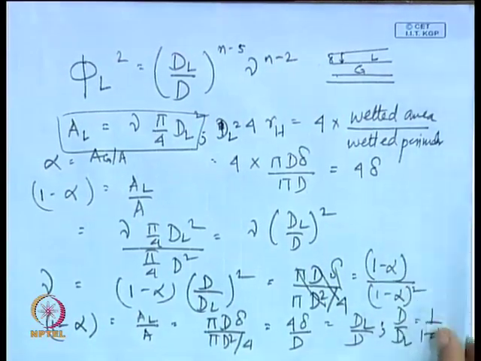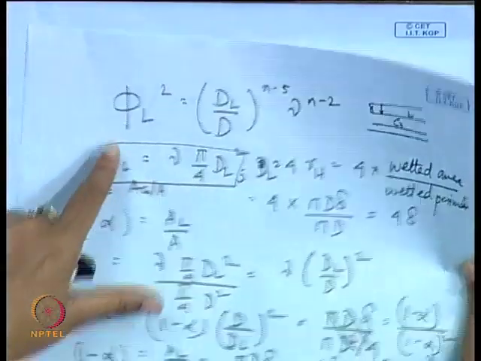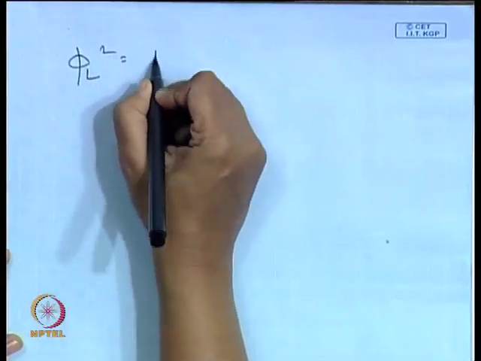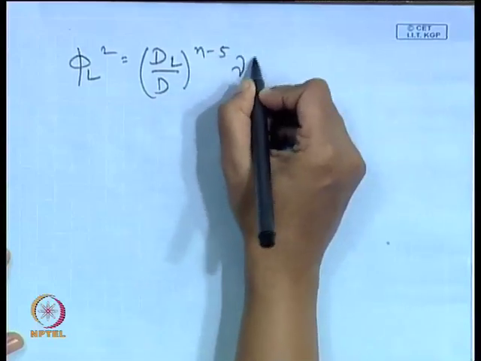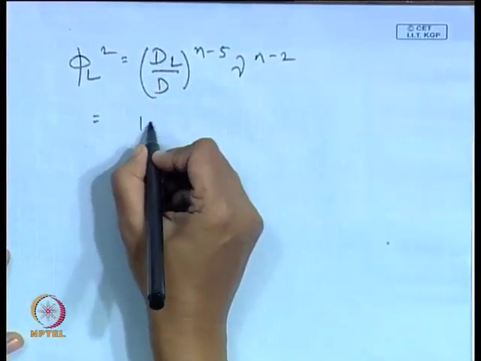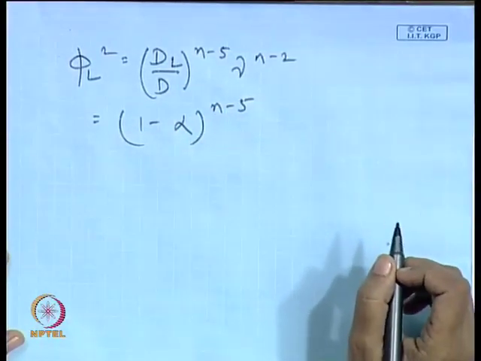So, therefore, from here what do I get then? From here I get this phi_L square. I will write it down once more, this is (d_L by d) whole to the power n minus 5 times gamma to the power n minus 2. What is d_L by d? It is nothing but (1 minus alpha) whole to the power n minus 5, yes or no?